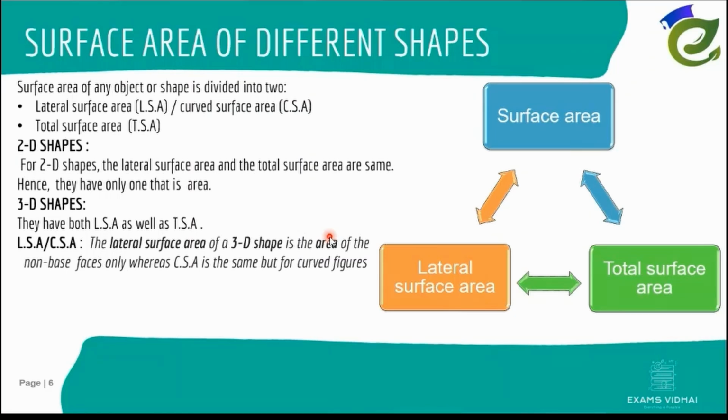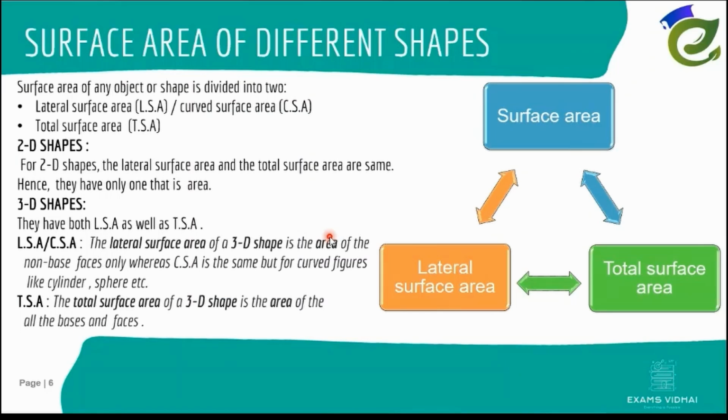Whereas total surface area is the total area of any solid object or solid shape, including the bases. So total surface area is all the bases and also all the faces.